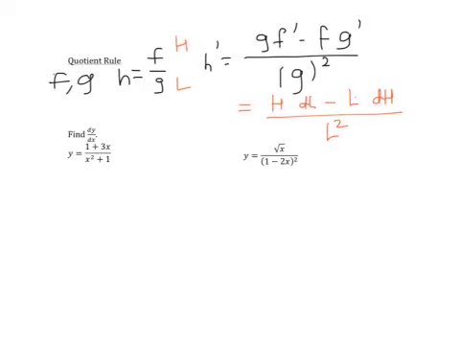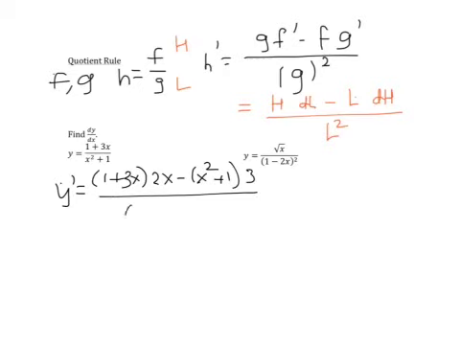So the derivative of y would be high, which is 1 plus 3x, times derivative of low, the derivative of low will just be 2x, minus low, x squared plus 1, times derivative of high, which is just 3, all over low squared. That's it. So let's try the second problem.